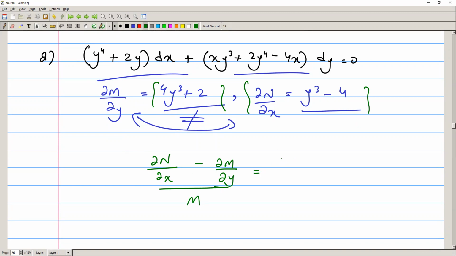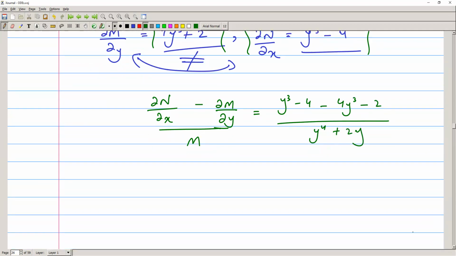So ∂N/∂x is y^3 minus 4, then minus (4y^3 plus 2), right? It will be divided by M, that is y^4 plus 2y. Here we have y^3 minus 4y^3, which is negative 3y^3, and minus 4 minus 2 is minus 6.